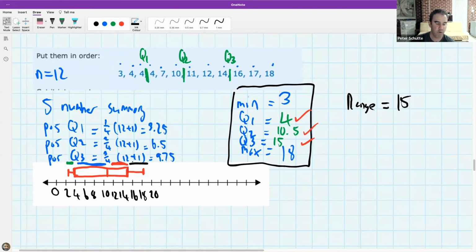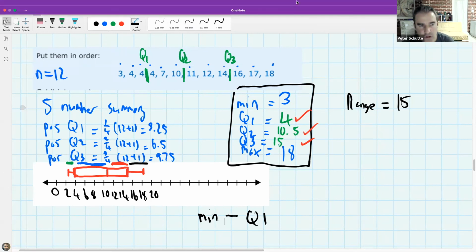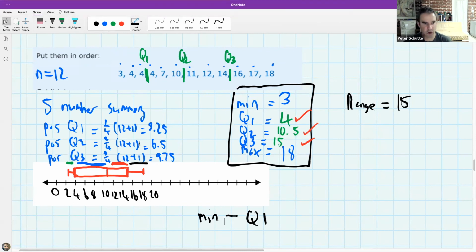I could ask you for this data set, which 25% of the data is the most tightly together? And if I had to look at this box and whisker, it's the data between the minimum value and Q1 that is the most tightly squeezed together, or it has the smallest range, would be another way of saying it. So that's what we'll start to move into in the next lesson. We'll start to look at how we interpret box and whisker plots.